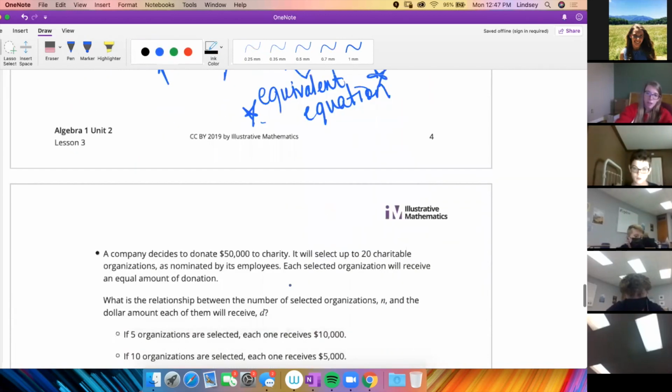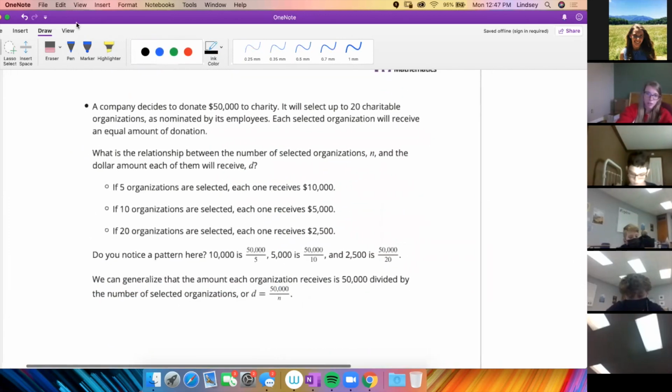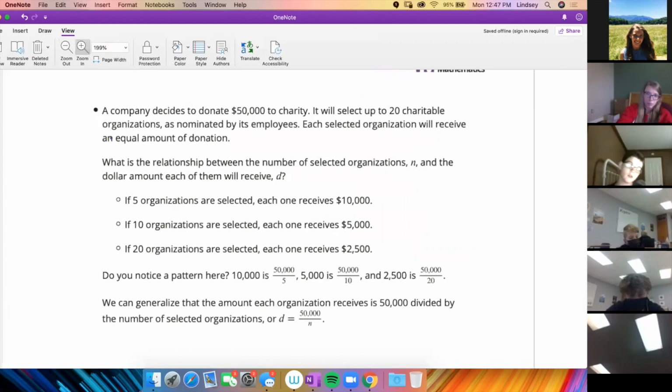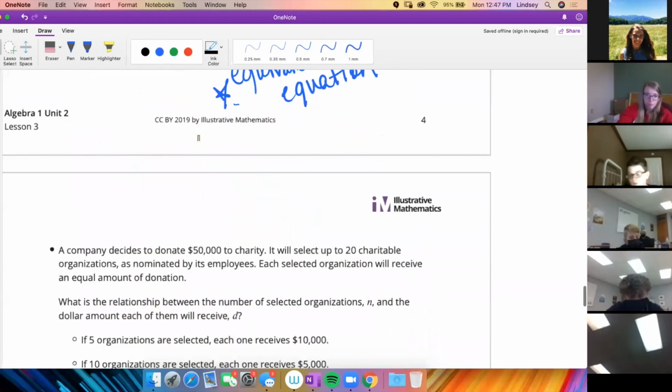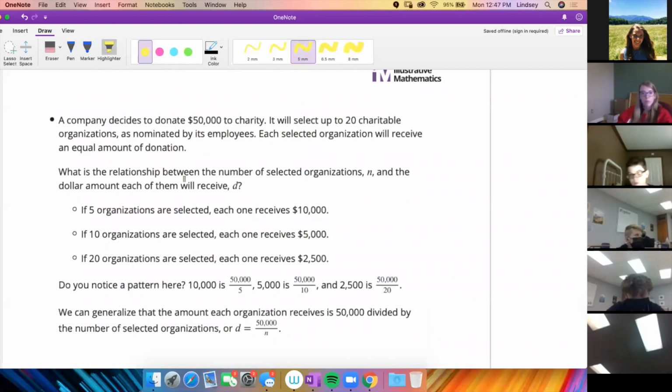And then finally, we have this situation here. A company decides to donate $50,000 to charity, and it will select up to 20 charitable organizations. Each organization will receive an equal amount of donations.